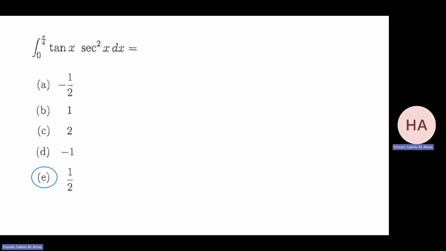Tan x secant square, very clear. This is u, this is du. So I let u equal tan x, du will be secant square x dx. Substitute, that integral will be what? Tan 0 is 0, tan pi over 4 is 1, u du.